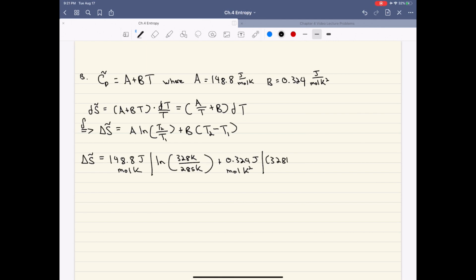And we see that if the heat capacity is not a constant, but it is instead a function of temperature, our change in entropy is actually a little bit higher than what we got for the constant heat capacity case.